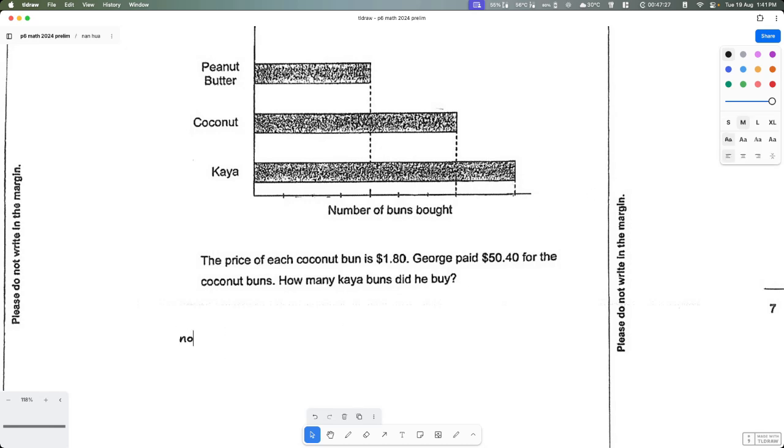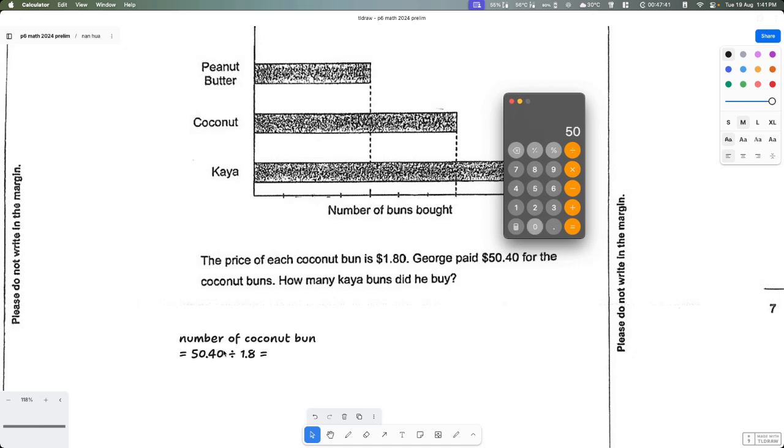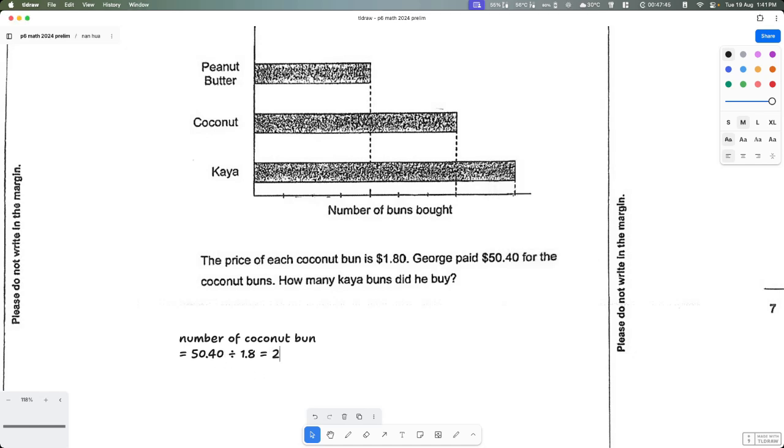So the number of coconut buns is equal to 50.4 divided by 1.8, which is 28 coconut buns. So we know that coconut is 28. Let me draw this because it has been erased.